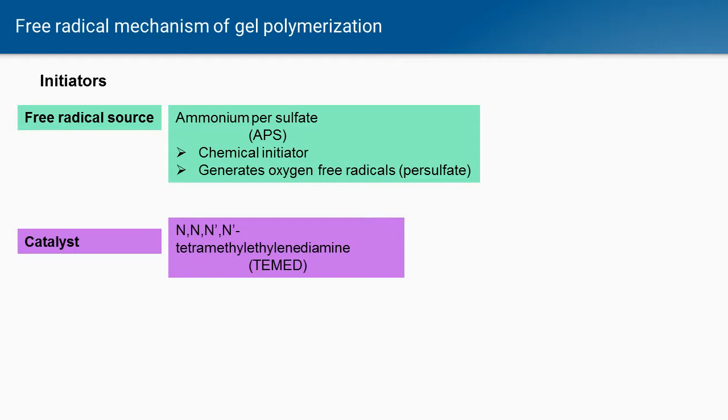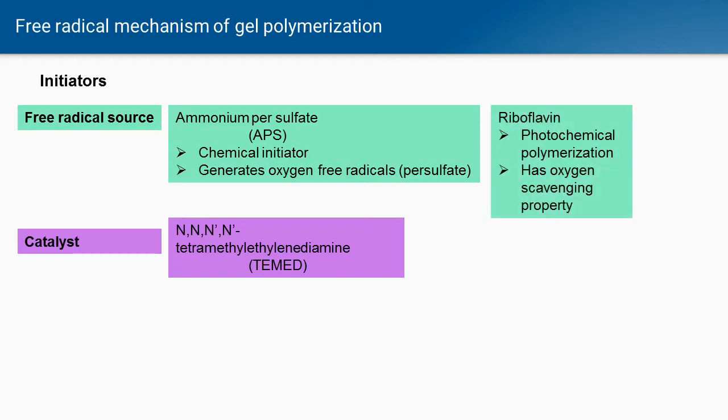So these two things we generally use in SDS-PAGE. The alternative to ammonium persulfate is riboflavin or riboflavin phosphate. It is a photochemical polymerization because it requires light for the reaction to happen, and it has an oxygen scavenging property also. Because of this property, the adverse effects of oxygen on gel polymerization get reduced.